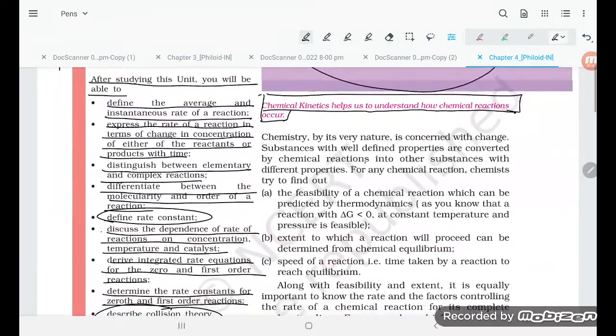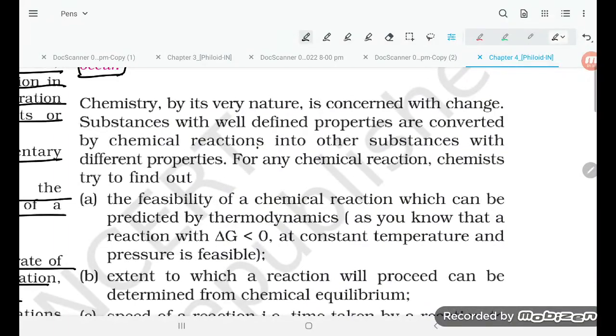So these many points are there which we will be able to learn in this chapter.